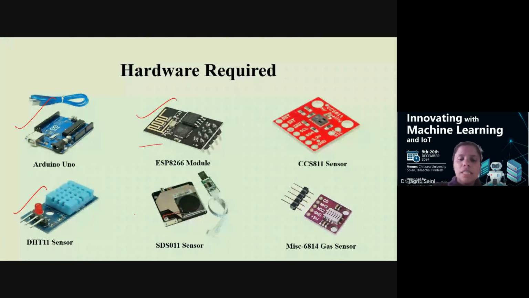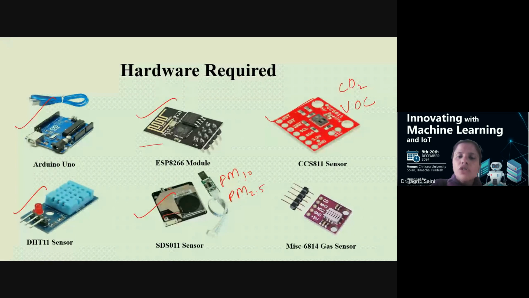And then the SDS011 sensor we decided on for measurement of dust particles, including PM10 and PM2.5. Furthermore, we had the CCS811 sensor that can measure two parameters, CO2 and VOC.